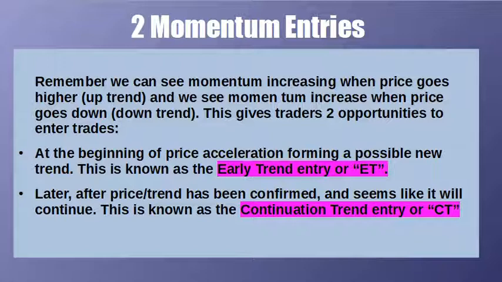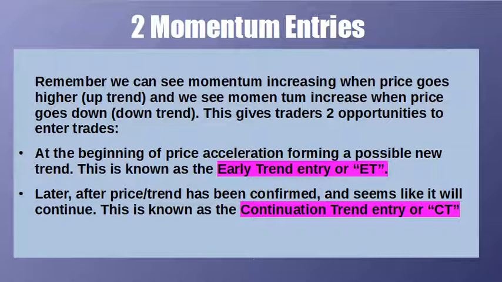So we have an early trend when price has gone up, starts to turn around and then accelerates on its downward slope. So there's a possible new trend forming. We can get in right here on the early trend, or after confirmation that a trend is forming, price retraces and then we get in again on a continuation trend. That's what we mean by that.